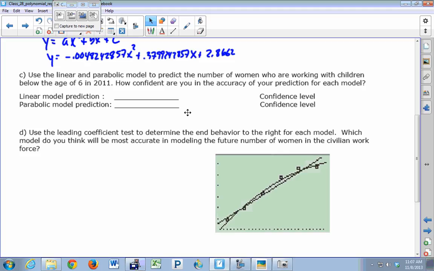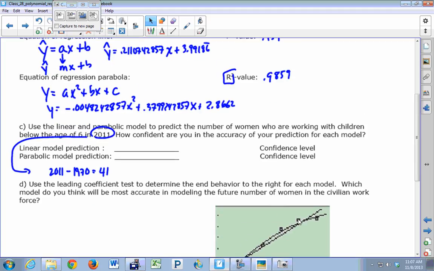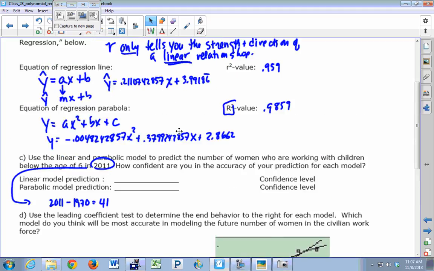So first you have to say, okay, what t value do I put in for the year 2011? What would be my value of t? 41. And how did you get that? Yeah, you say 2011, take away 1970, because that's what I'm starting, is 41. So you would put 41 in both of these models where you see x.